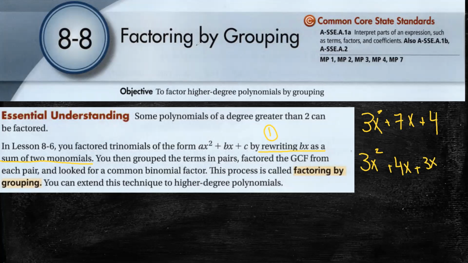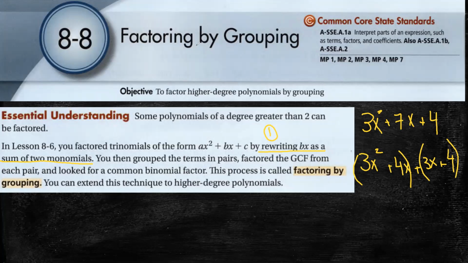So you rewrite bx as a summation of two monomials. Then after that, we group them into two pairs. Then we factor the GCF from each pair and look for the common binomial factor.